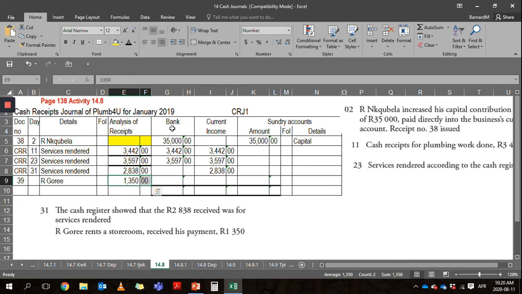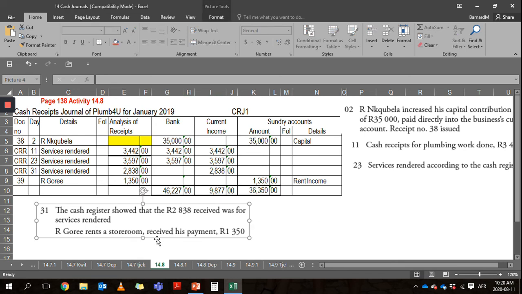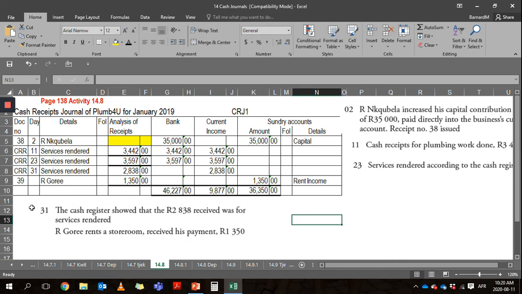We don't have a rent income column, so it will go to sundries as rent income. Then we can add up all of these totals and we get 46,000 for this, and all the others are also fine. You will see we don't add up the analysis of receipts. And that is activity 14.8.